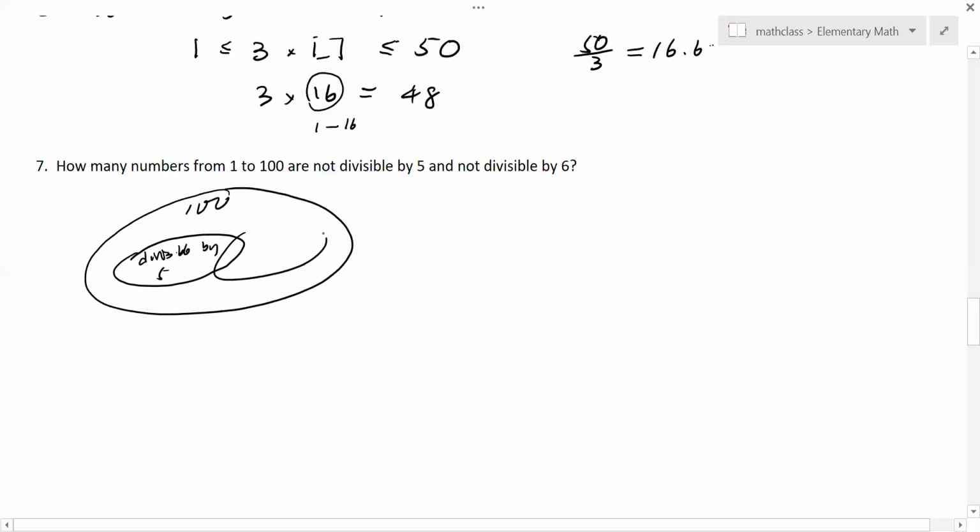You count those divisible by 6. After you delete those numbers which are divisible by 5, and those numbers which are divisible by 6, then the remaining numbers are not divisible by 5 and not divisible by 6. Clear? That's my hint.